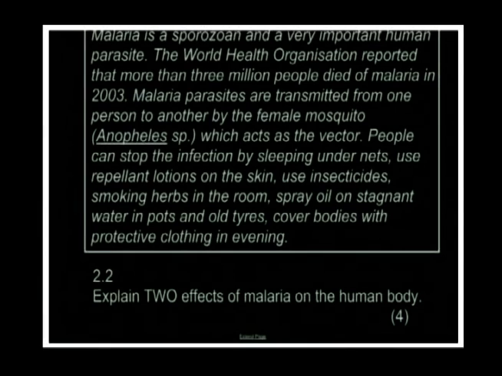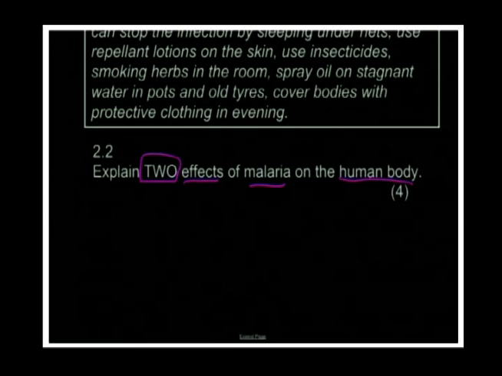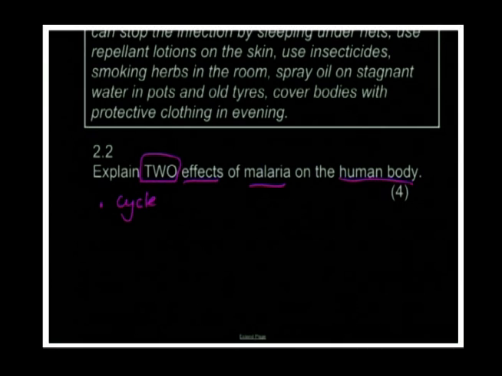The next part of the question. Explain 2 effects of malaria on the human body. Well, here there is quite a list. So any 2 of these. You may have cycles of chills and fever.